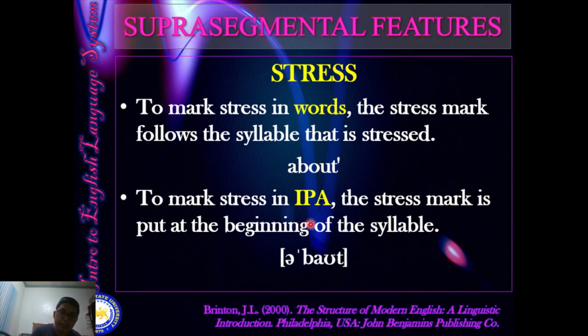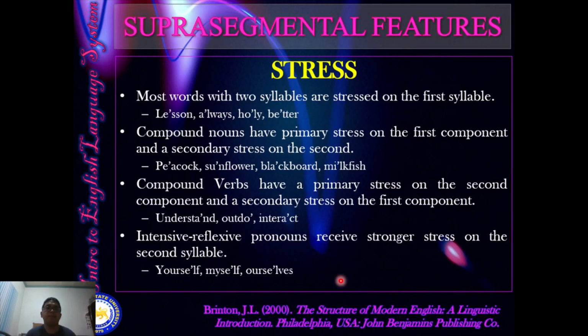However, in IPA, the stress mark is put at the beginning of the syllable, which is why it's pronounced as about. Again, the stress, about. So that's how you pronounce it. Now, most words, class, with 2 syllables are stressed on the first syllable. Lesson, always, wholly, better, right?